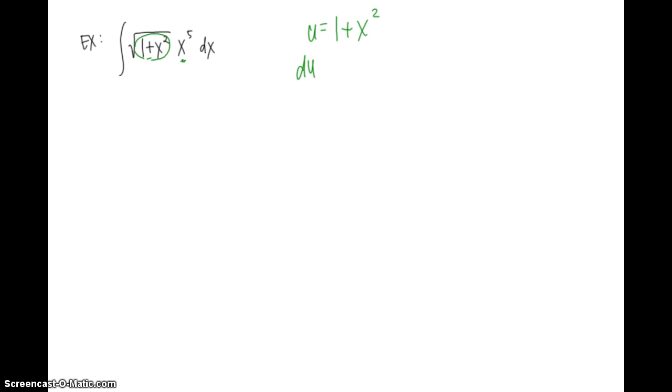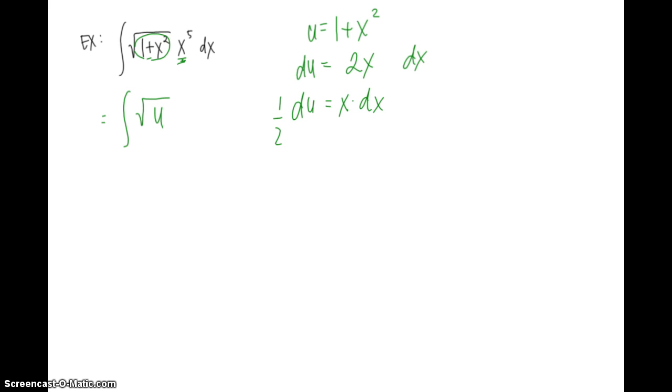I'm going to take the derivative of u with respect to x, and multiply that dx to the other side. I get 2x dx. When I make that substitution, I get square root of u, right? And it looks like x dx will be 1/2 du.